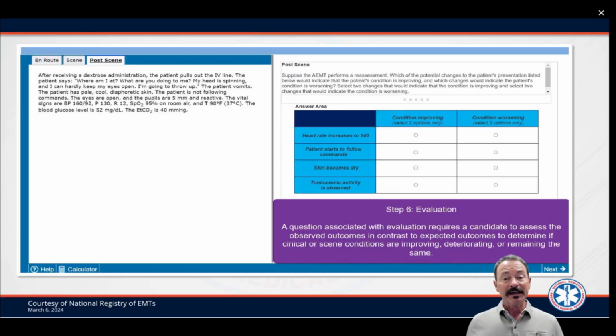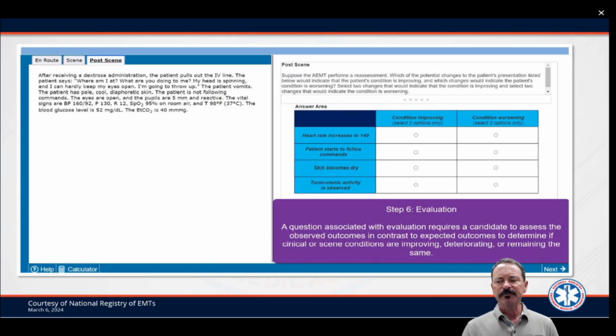Now, step 6 is going to be your evaluation. And now we're in the post scene. I'm going to go back and we're going to review all of these. A question associated with the evaluation requires a candidate to assess the observed outcomes to contrast expected outcomes to determine if the critical or scene conditions are improving, deteriorating, or remaining the same.